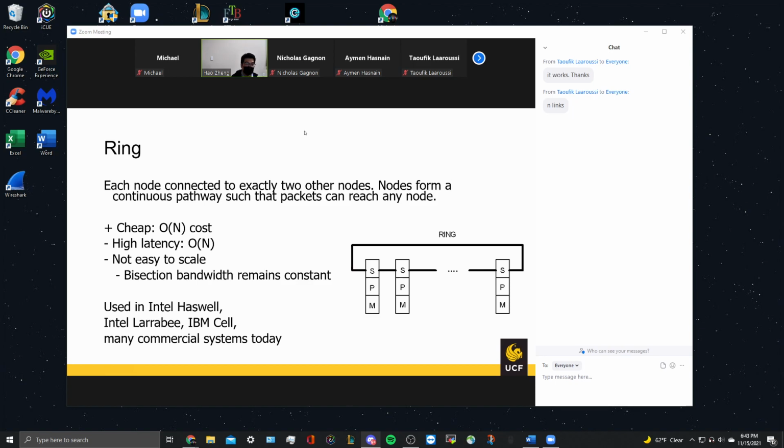Let's see what the bisection bandwidth is. So how do we do the bisection bandwidth? Cut into half, 2. It's a constant. So no matter how many nodes you add to the ring topologies, your bisection bandwidth is still a constant, 2, right?